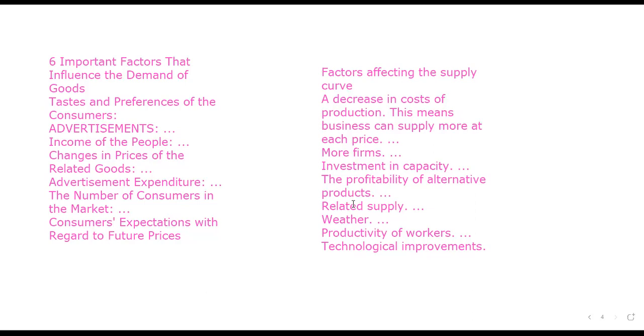The productivity of the workers, the technological improvements, all these affect the ability to supply.